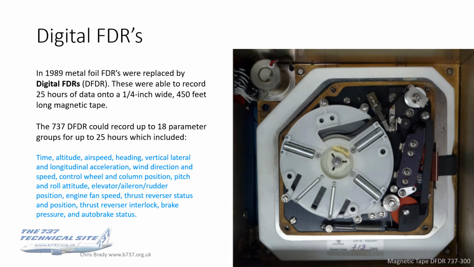The versions of these on the 737 could record up to 18 parameter groups for up to 25 hours, and the list is down there in blue of what they could record. So much more comprehensive than the old tinfoil things, but certainly a lot less comprehensive than the modern recorders.